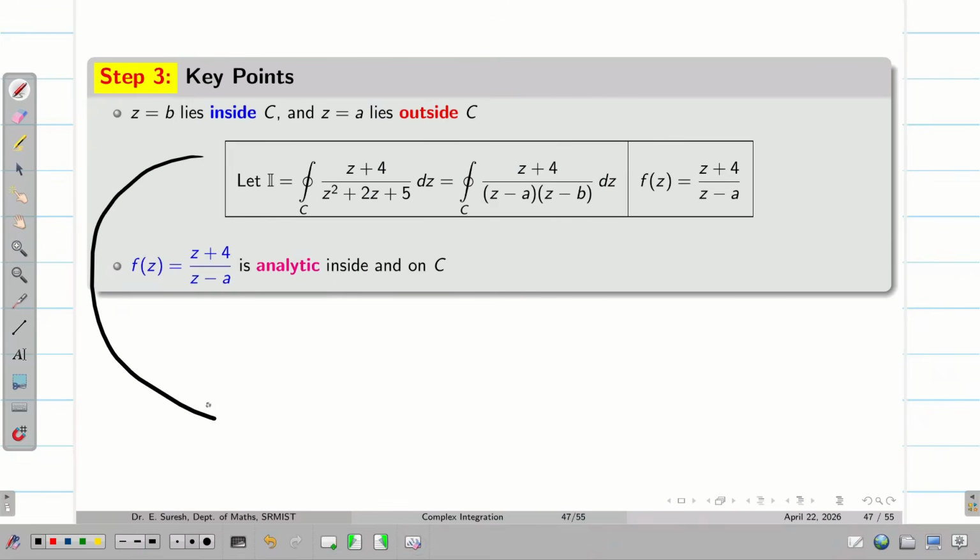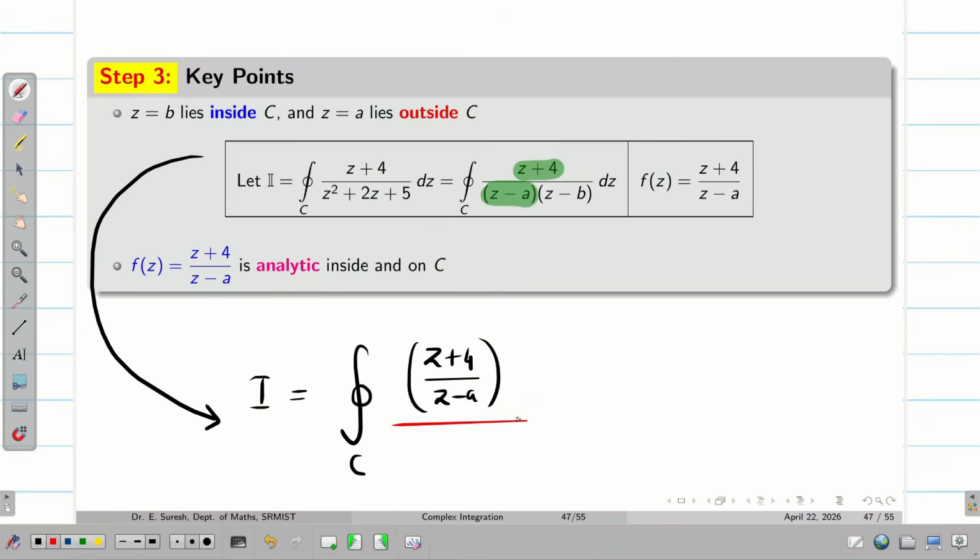Next we have to rewrite the capital I. Here z plus 4 divided by z minus a is analytic, so I am going to take this to the numerator. Since the singular point z equal to b lies inside, I am going to keep z minus b in the denominator.